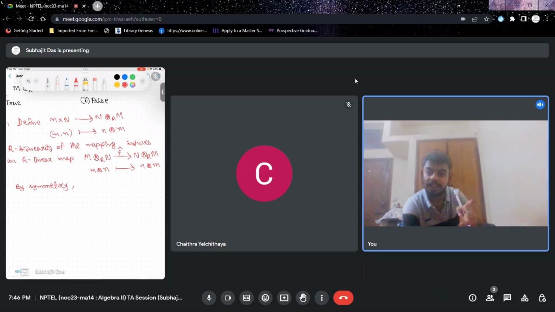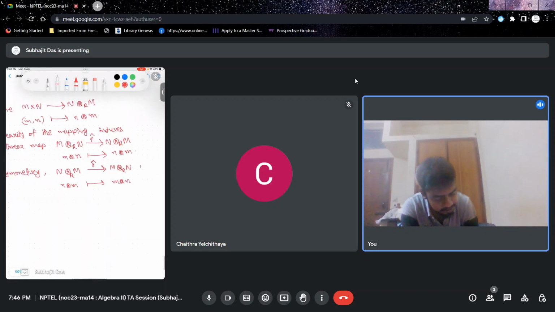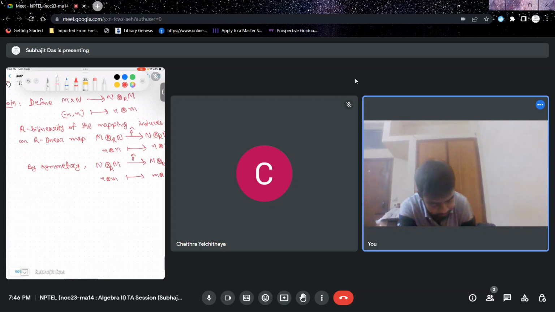That is, if you just switch M and N, you have a map G hat from N tensored with M onto M tensored with N, which is a well-defined map.